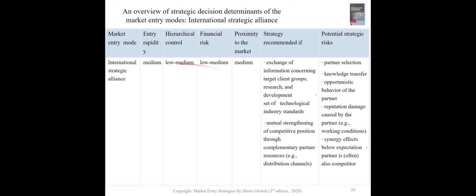We find medium market entry rapidity. The hierarchical control tends to be low to medium because all strategic alliance partners remain legally independent. The financial risk is also accordingly low to medium, and the proximity to the market tends to be medium.